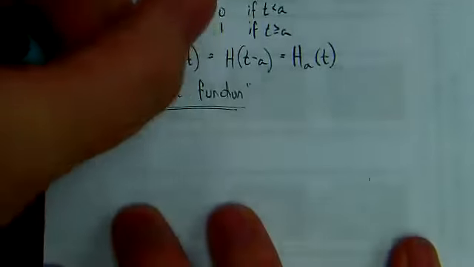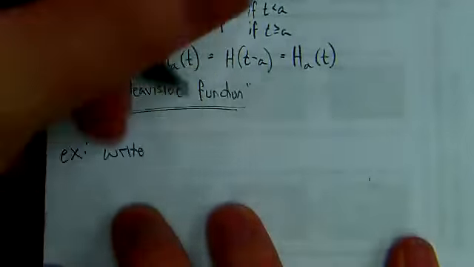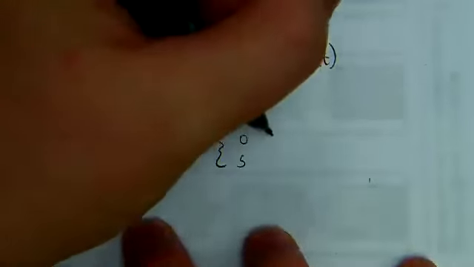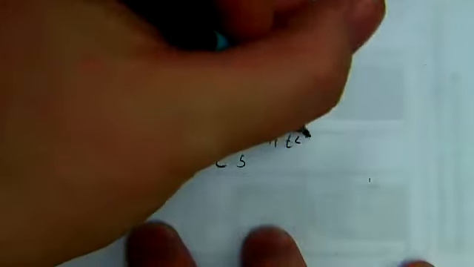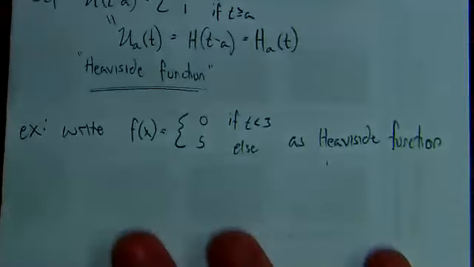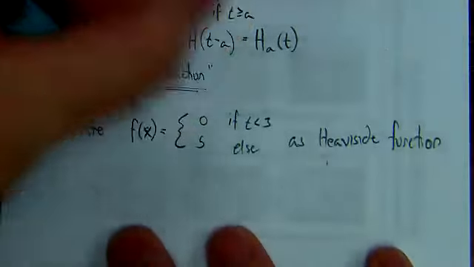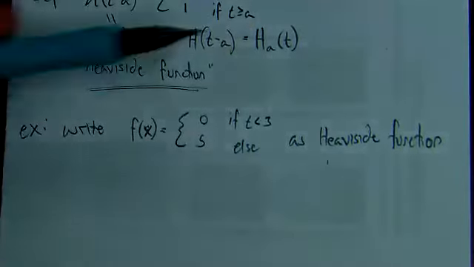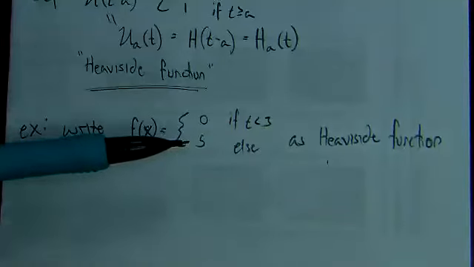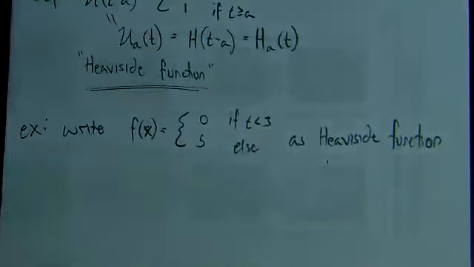So we might be asked to write some other piecewise function as a Heaviside function. Say we have f of x that begins at 0 until time 3, and then it switches on to take on a value of 5.